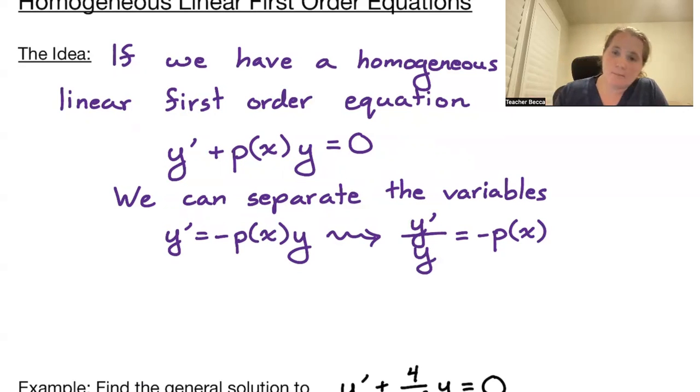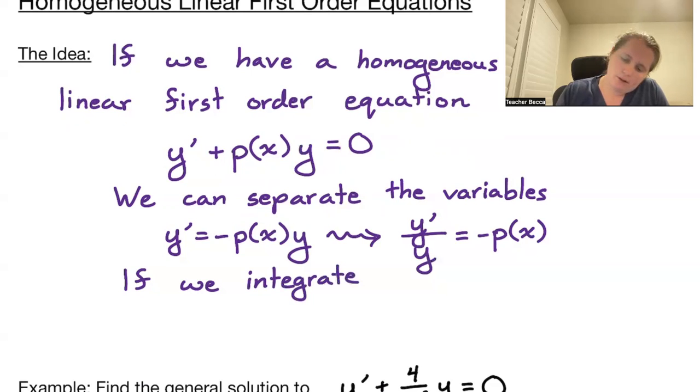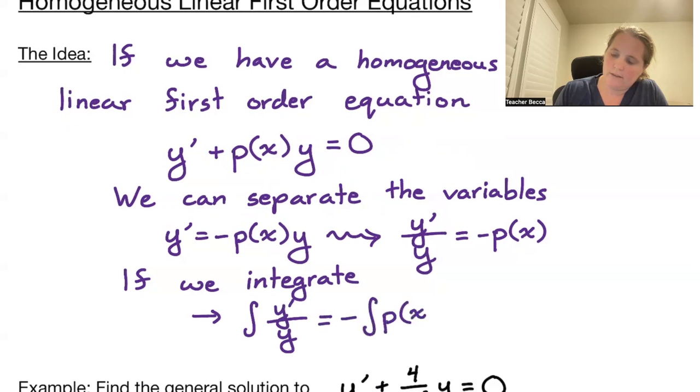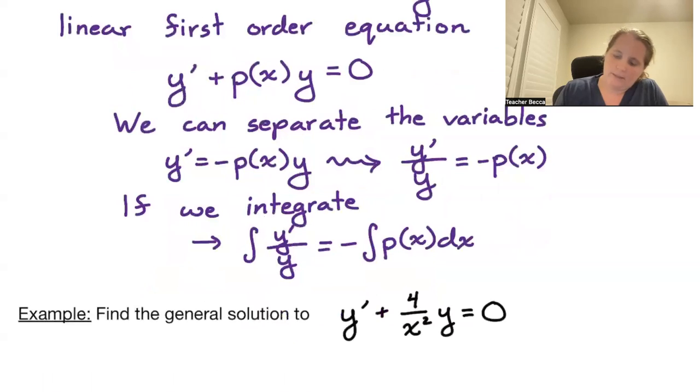If we then integrate both sides, then we have the integral of y prime over y is equal to negative the integral of p of x dx. That left-hand side is just the natural log of the absolute value of y. Right-hand side is negative the integral of p of x dx.